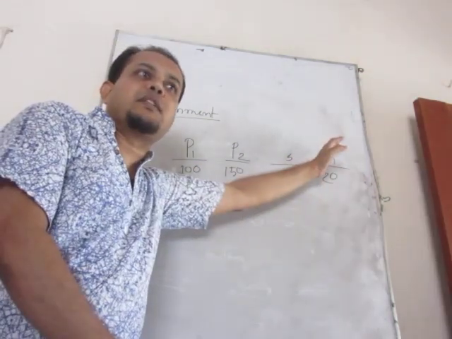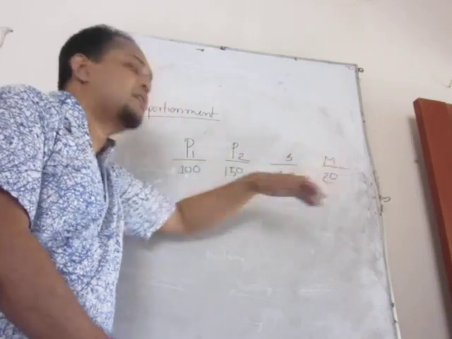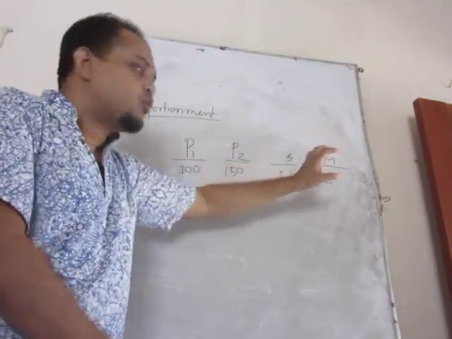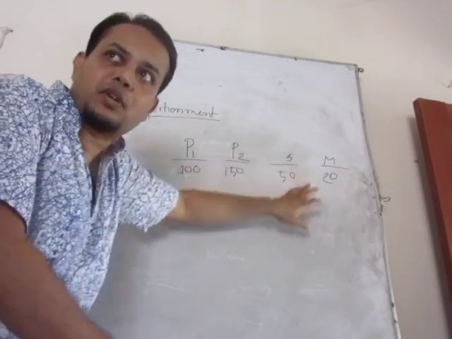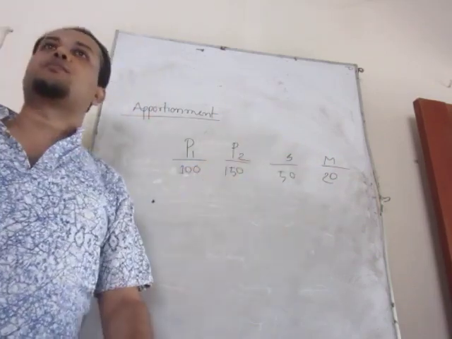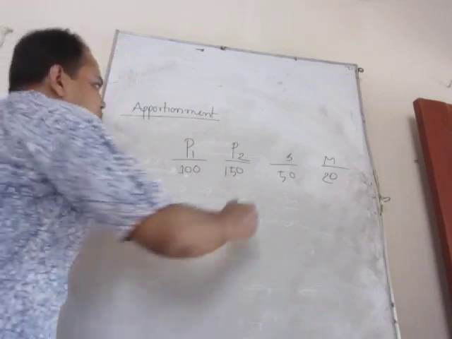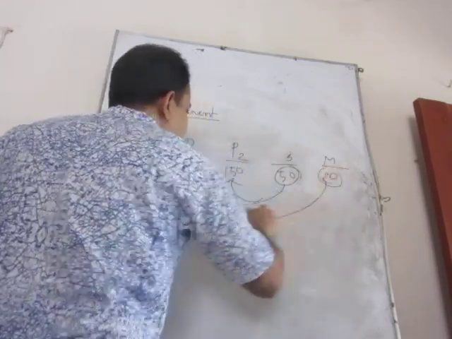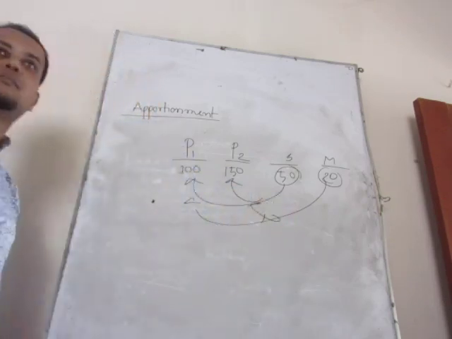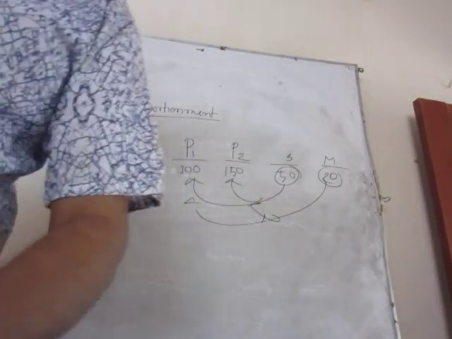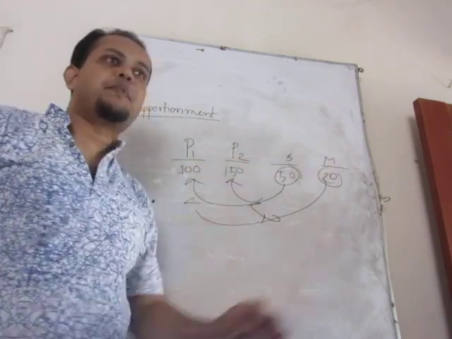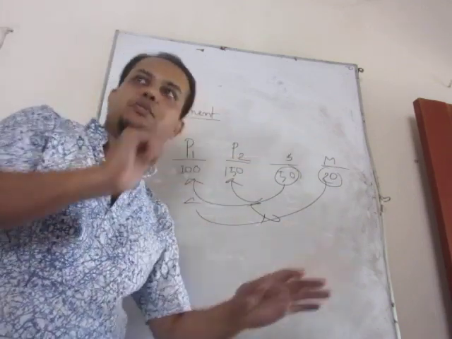So cost is associated there. Why? Because these two departments are providing service to these departments. That's why cost is there. So we have to charge or distribute this cost to these two production departments as well. So now our task is to distribute this 50 and 20 here and here. This is apportionment. That is distributing service department cost to production department.